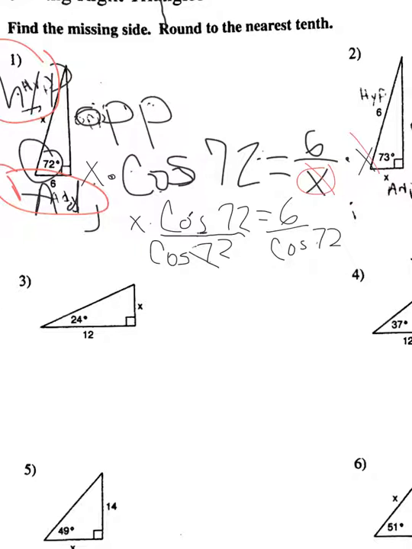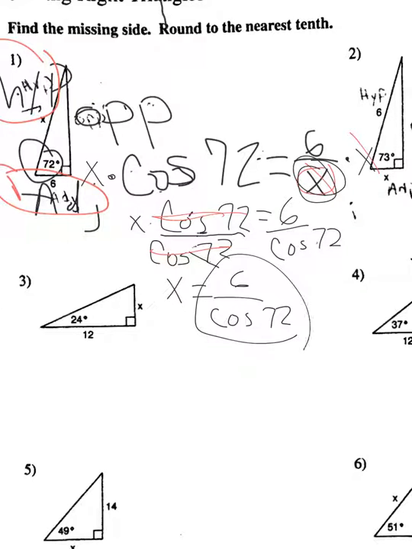Okay, so now over here that cancels. You're left with x, and you're simply going to divide by cosine 72. So just as a little hint, anytime you set up the equation and x is on the bottom, you're going to wind up dividing the values. So in your calculator, make sure, of course, that the angle setting is set to degrees and not radians, otherwise you'll get wrong answers.